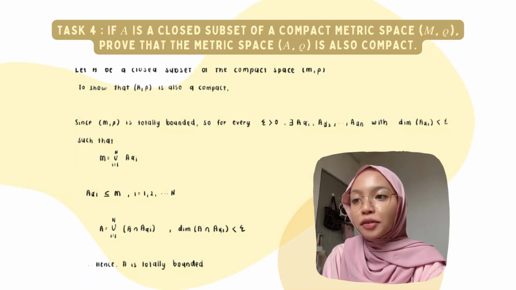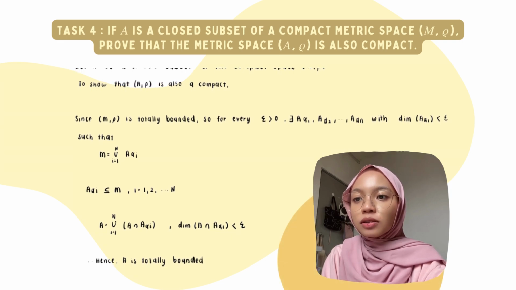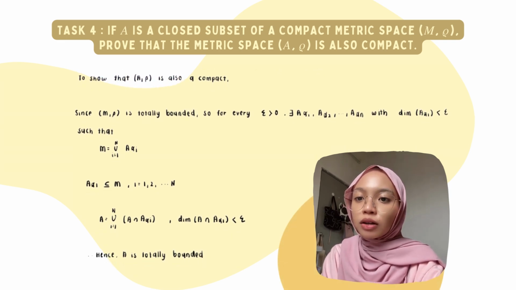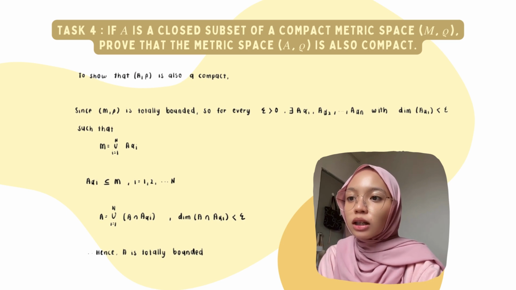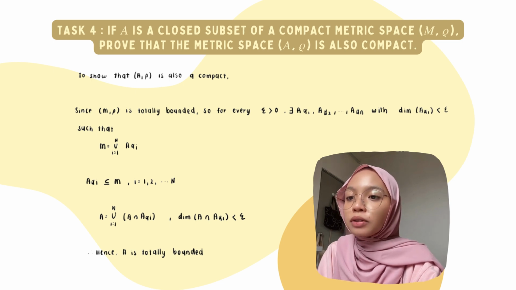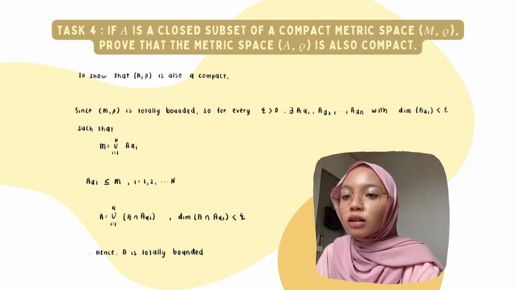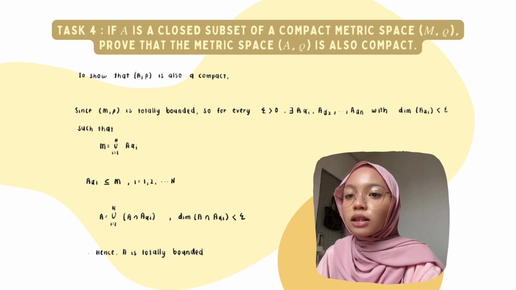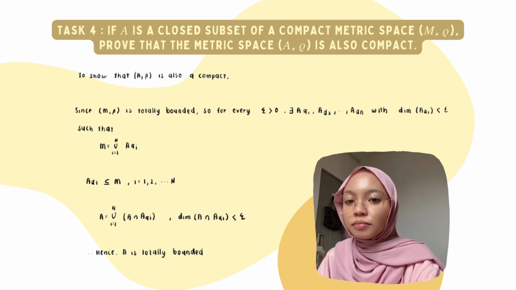Firstly, I wrote let A be a closed subset of the compact space M, since we have this information from the question. Next, since M is totally bounded, for every epsilon greater than 0, there exist A_alpha1, A_alpha2 until A_alphan with diameter of A_alpha less than epsilon.